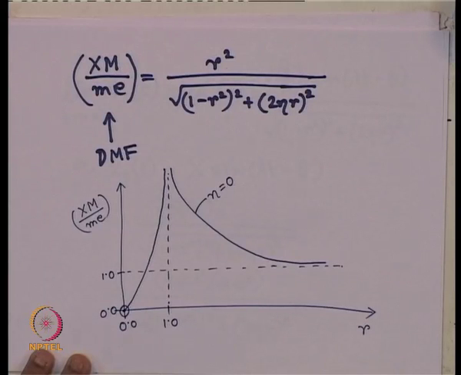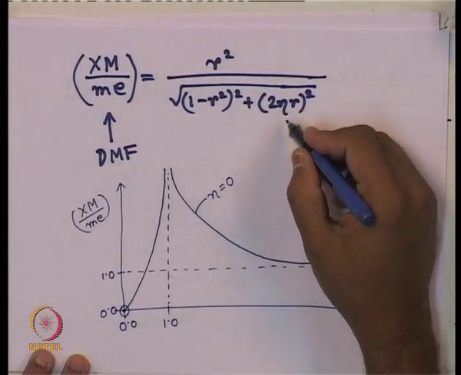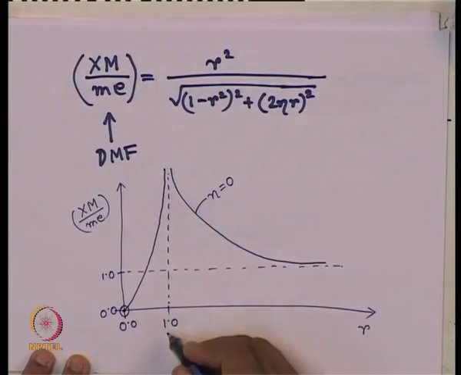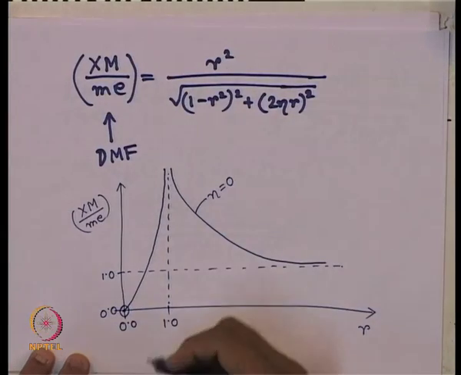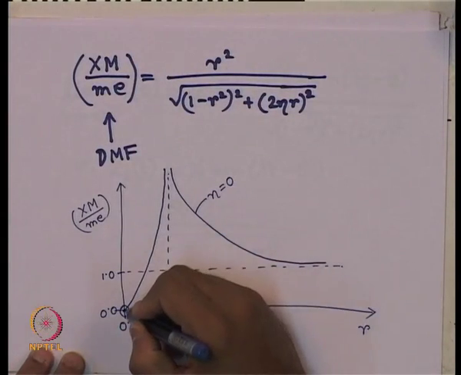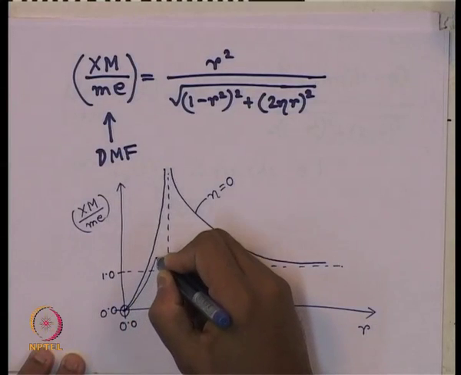And if eta is non-zero, obviously this value will not be 0 even if r equals to 1. So, we will get some variation like this.